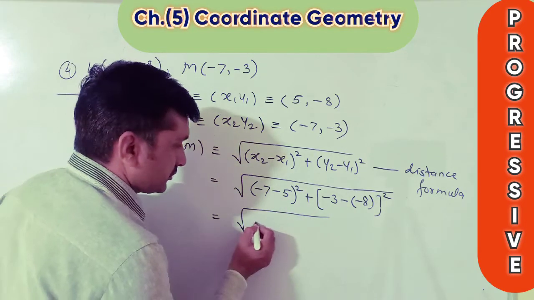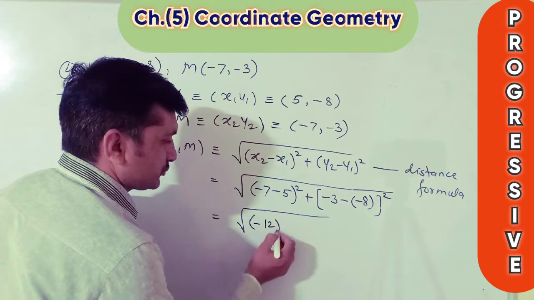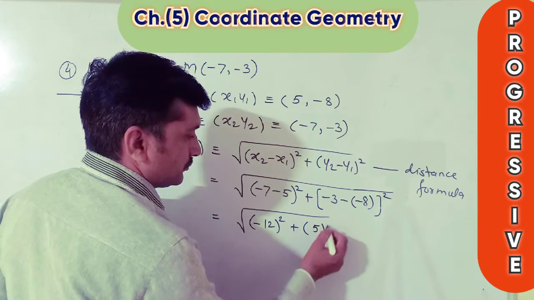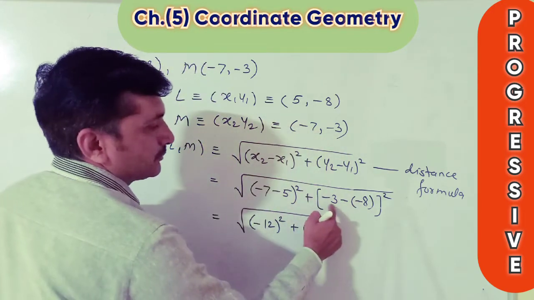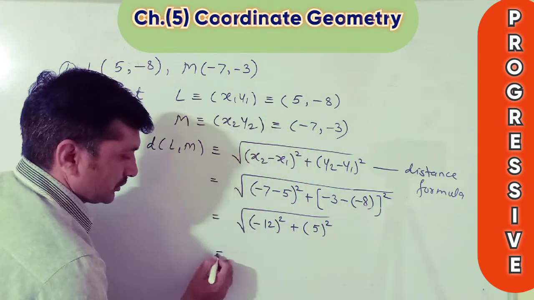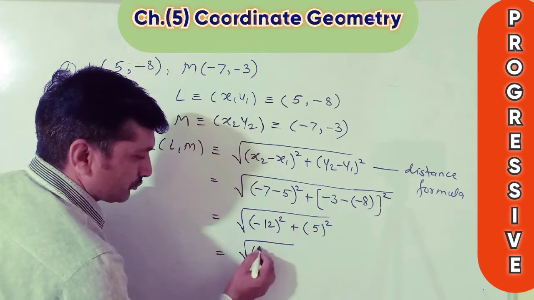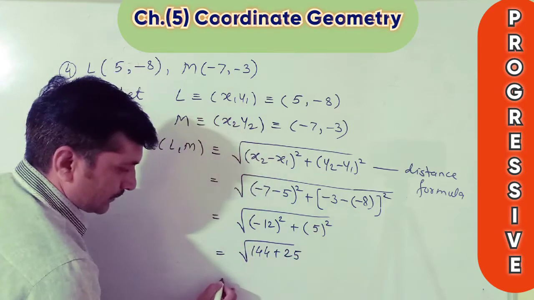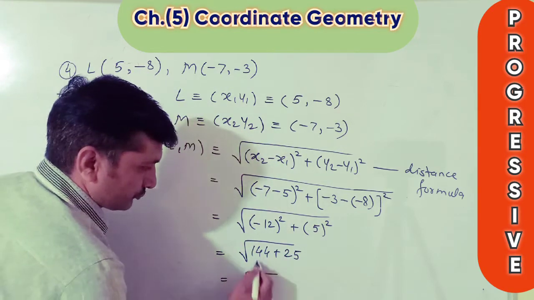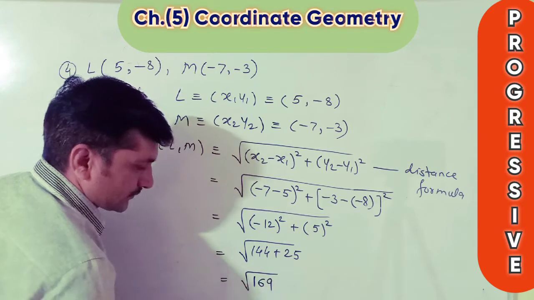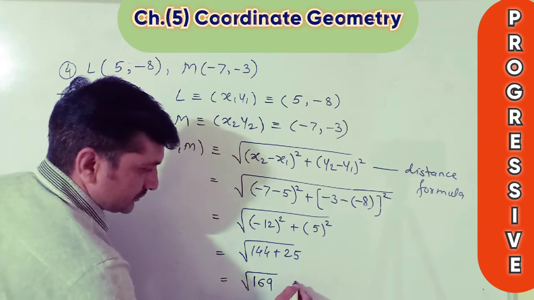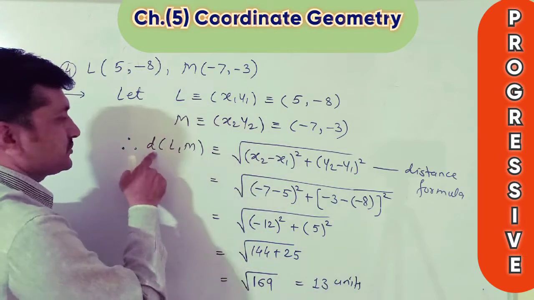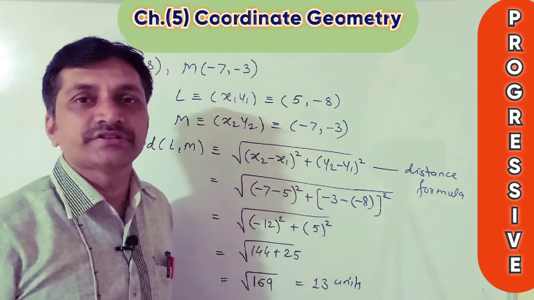Same sign addition, higher value sign, minus 12 bracket square plus in bracket (minus 3 plus 8) 5 bracket square is equal to square root of minus 12 square 144 plus square of 5, 25, is equal to square root of addition 169, and square root of 169 is 13. Distance LM is equal to 13 units.